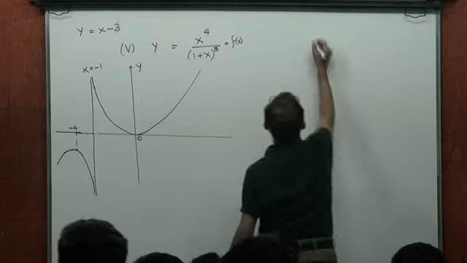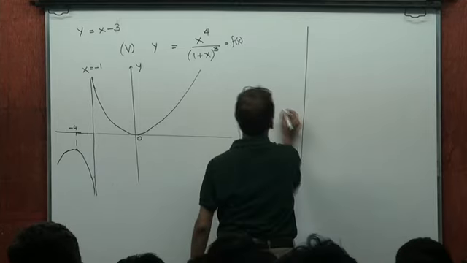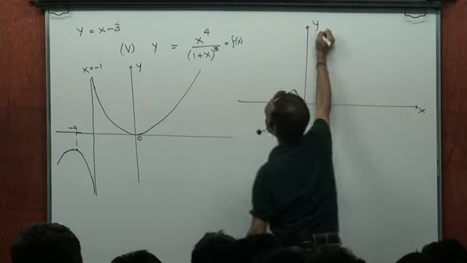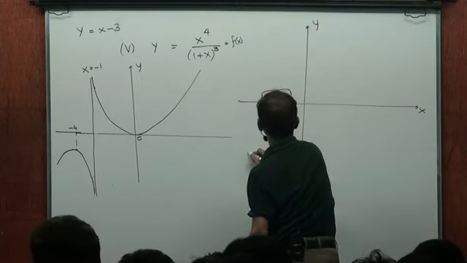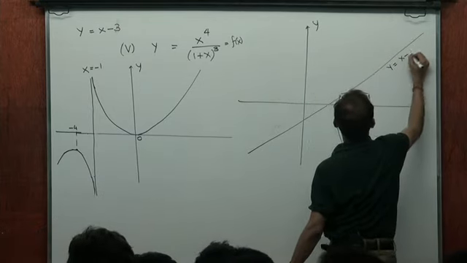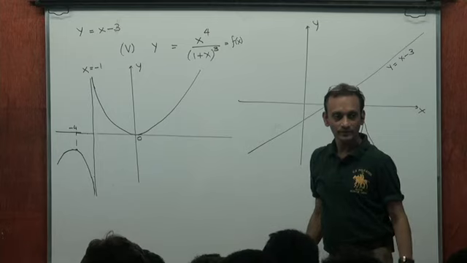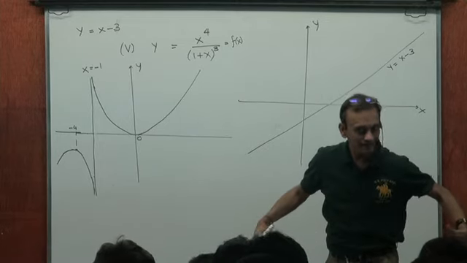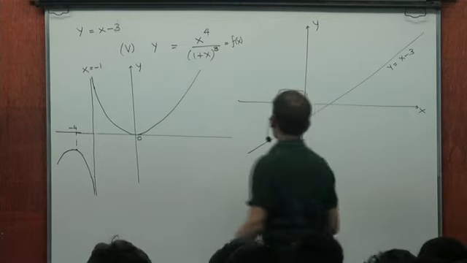Let me first draw the two asymptotes and redraw this curve. y equal to x minus 3 is this asymptote. As x tends to plus or minus infinity, the curve tends to y equal to x minus 3, right?